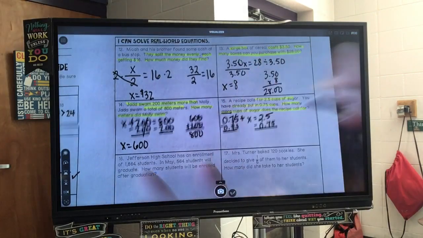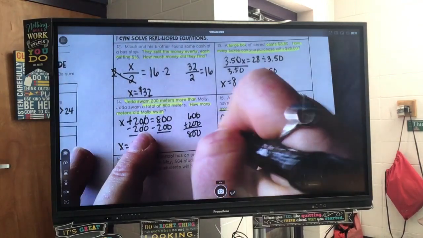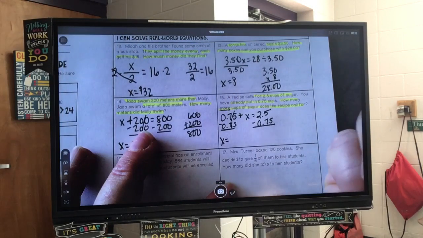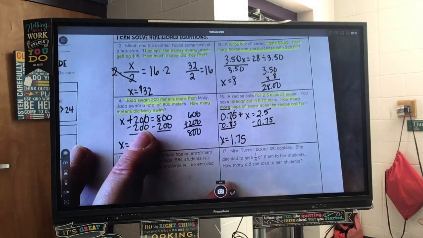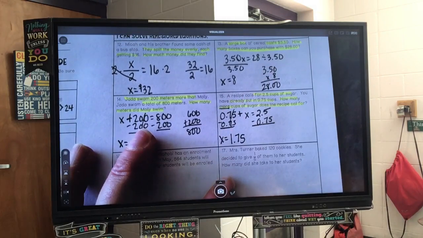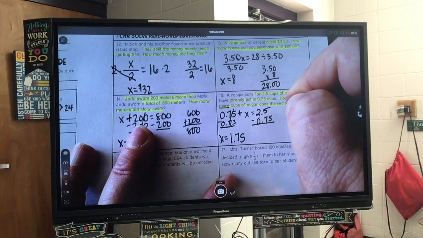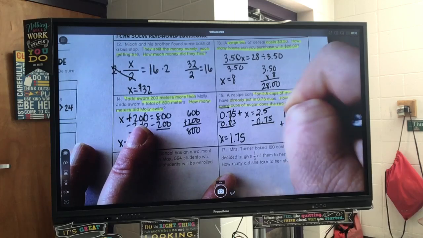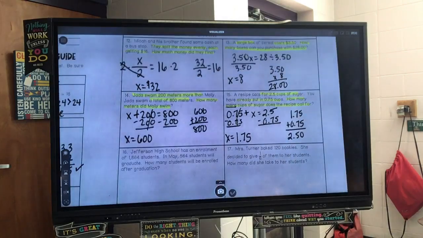And what do you get when you subtract 0.75? Okay, and then how do I check to make sure that's right? And you end up with 2.5.